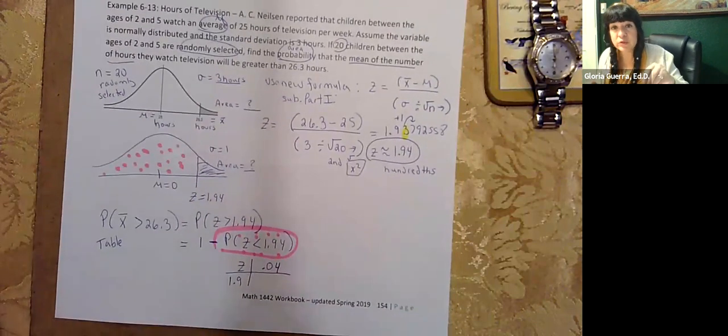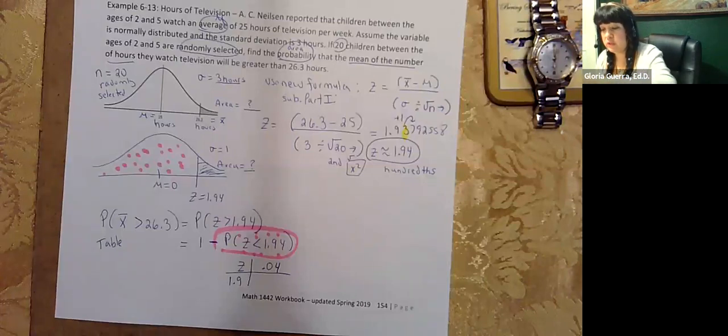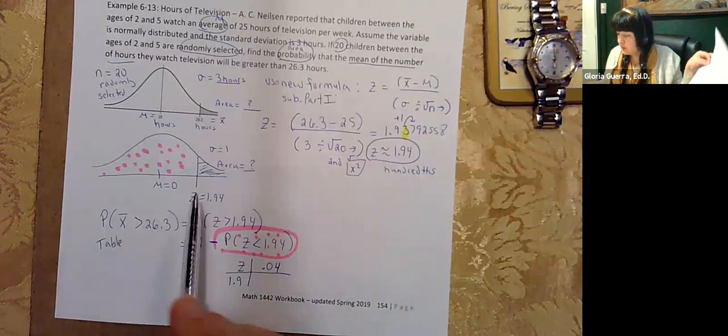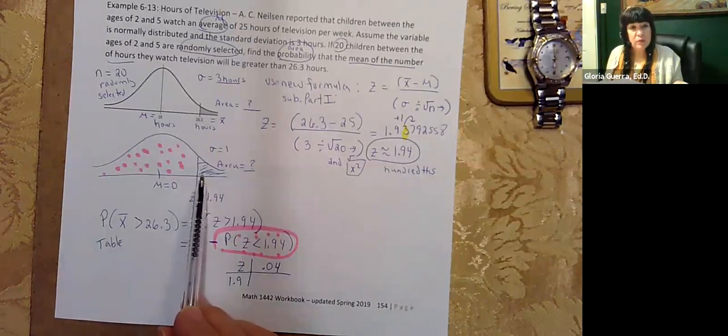So now we're going to use our table. I want the positive side of our standard normal table. You want the positive side because see how this is to the right?